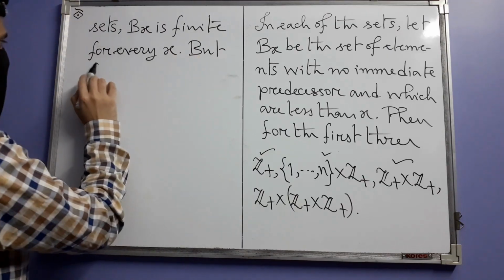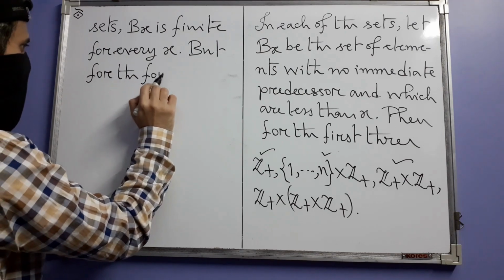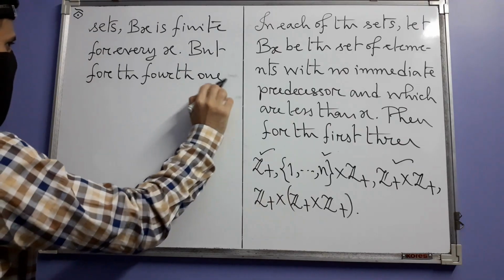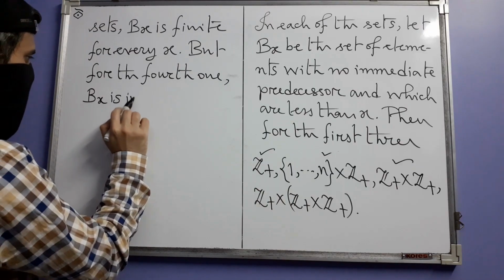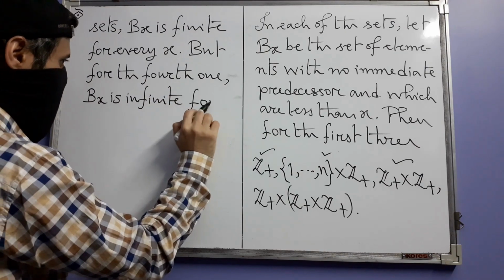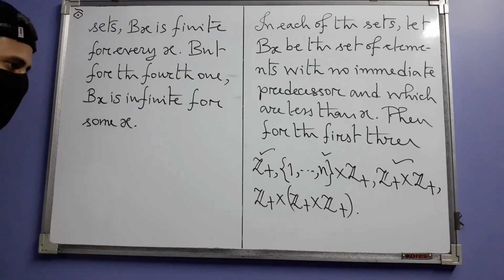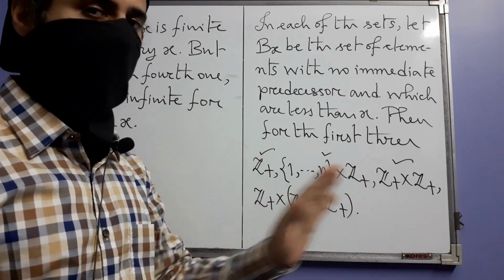But for the fourth one, that is this one, Bx is infinite for some elements x. Exactly why these statements are true, I am leaving those parts to you.